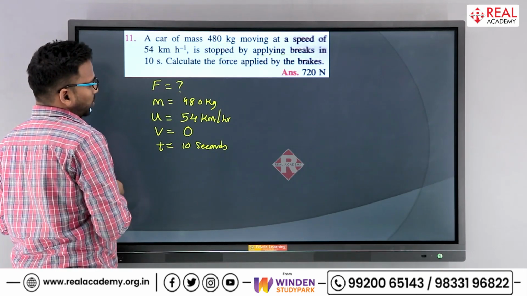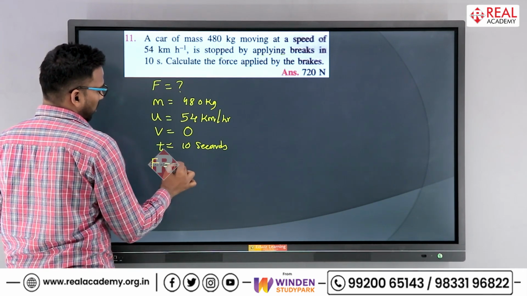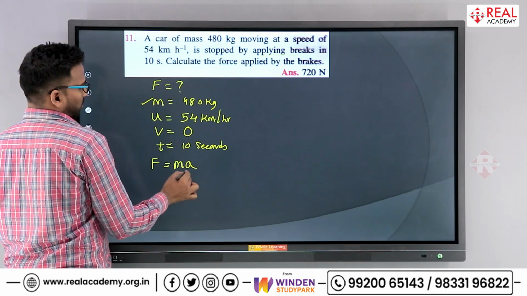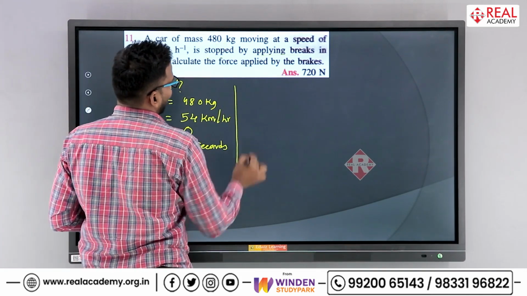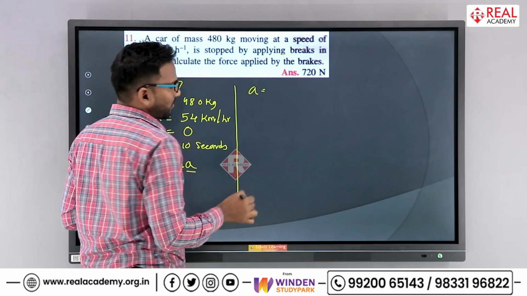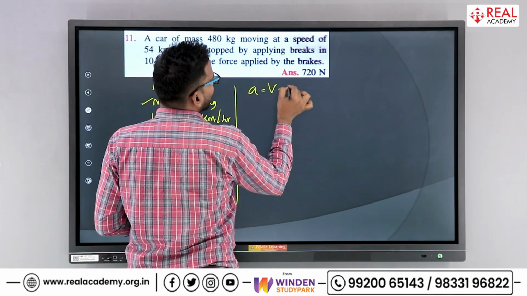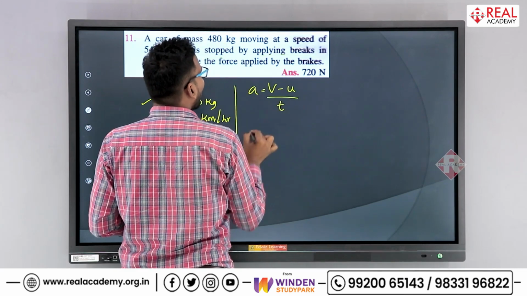So how to do it? Force is equal to the same concept, mass into acceleration. We do have mass but we don't have acceleration, so find acceleration. What is the formula for acceleration? Final velocity minus initial velocity upon time.